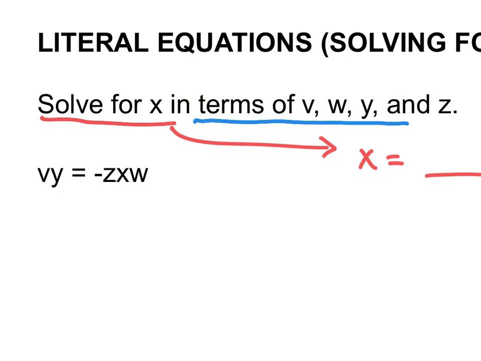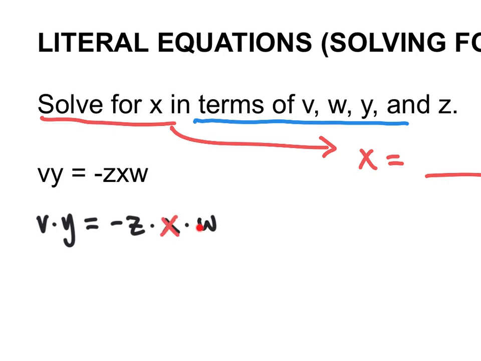So I can do this a bunch of different ways, but I'm going to rewrite this statement. I've got v times y is equal to negative z times x times w. One of the things I can do here is highlight the fact that I'm solving for x.